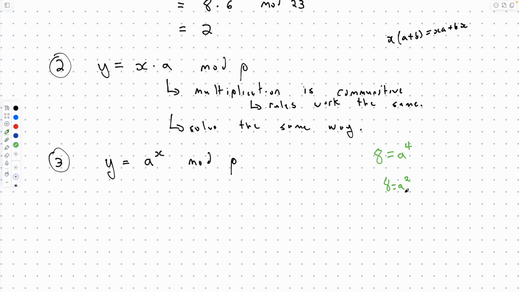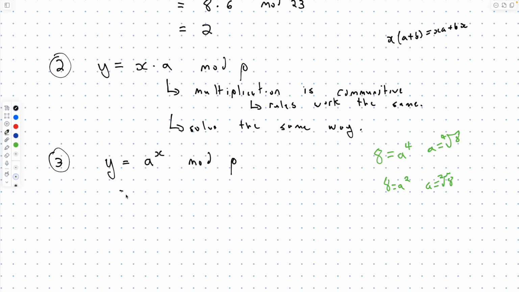So a would be the square root, the second root of 8. Here a is going to be the fourth root of 8, right? And so what would I have here?